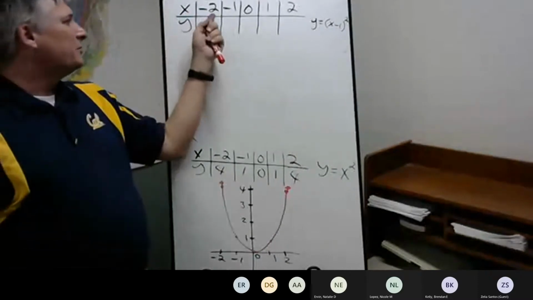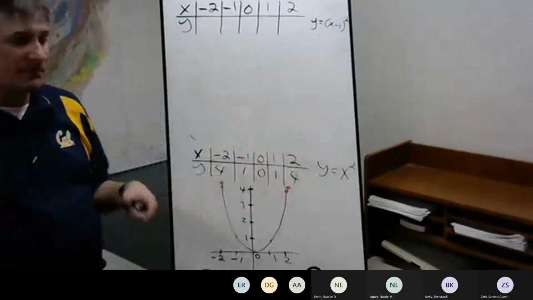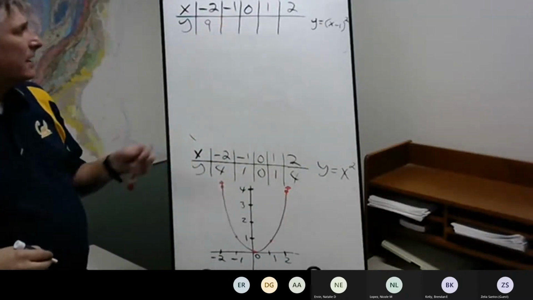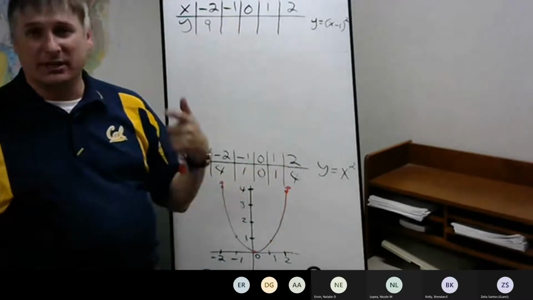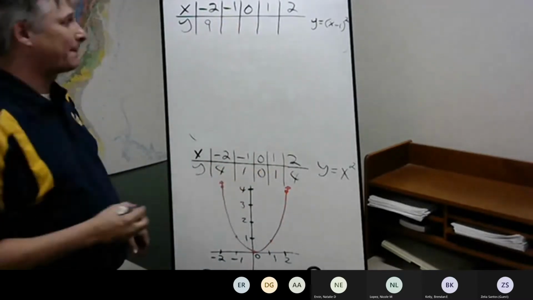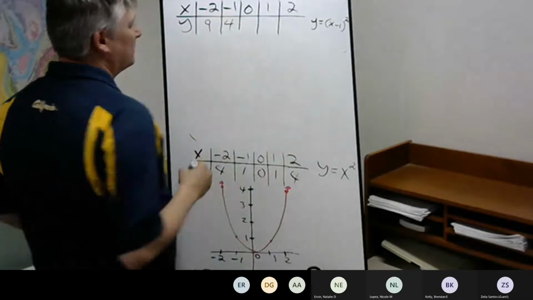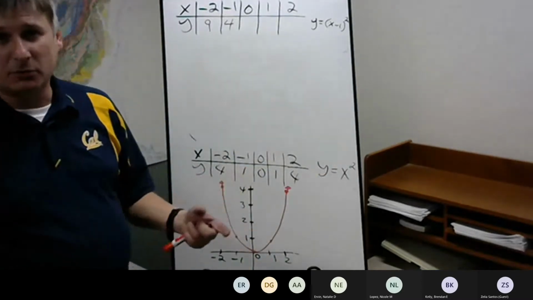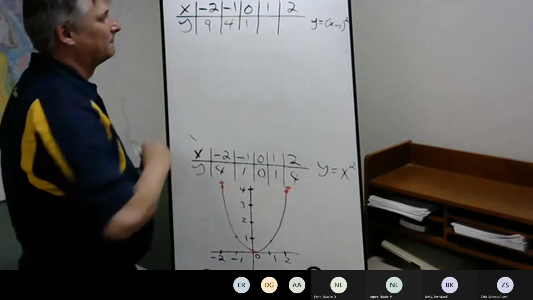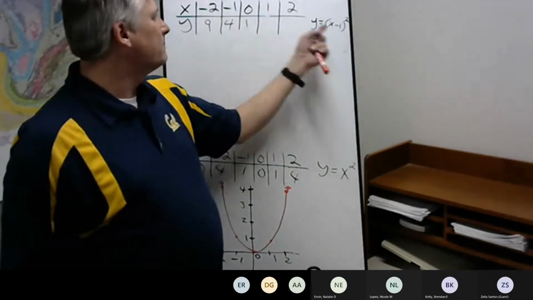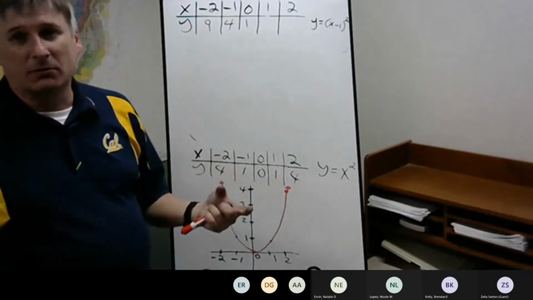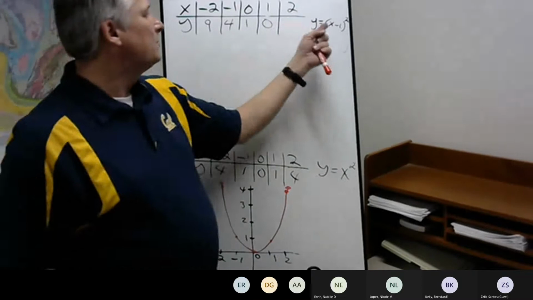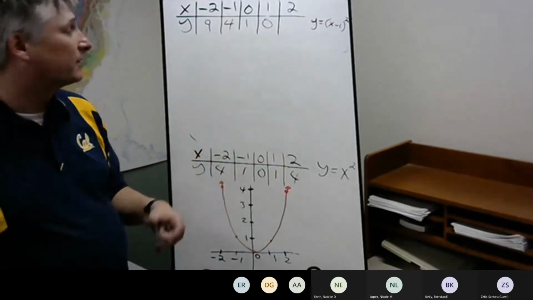So if x is negative 2, we subtract 1, we get negative 3. Negative 3 squared is going to be 9. Now, negative 1 subtract 1 is negative 2. Negative 2 squared is 4. Now with 0, 0 minus 1 is negative 1. Negative 1 squared is 1. And then 1 minus 1 is going to be 0. 0 squared is 0. And then we get 2 minus 1 is 1. 1 squared is 1.